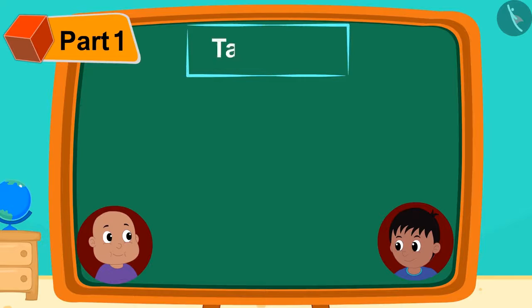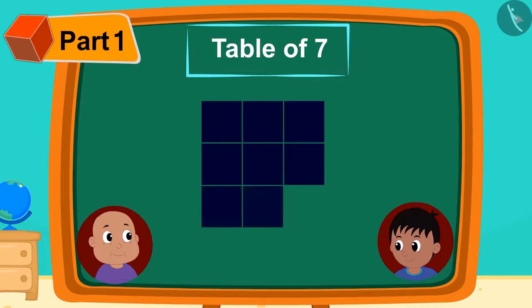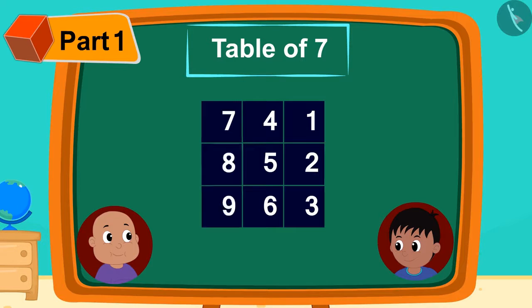Now Raju made a structure similar to the table of 3 for a table of 7. But this time, Raju started writing numbers from 1 to 9 from this box. Then, next to the digits written in the first line, he wrote 0, 1, 2.